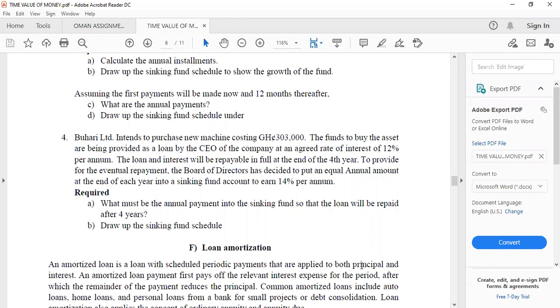Is that what they're going to tell you? No. They will give you the money at that time, isn't it? Yes. So the money that you are taking at that time, is it the future value or the present value?